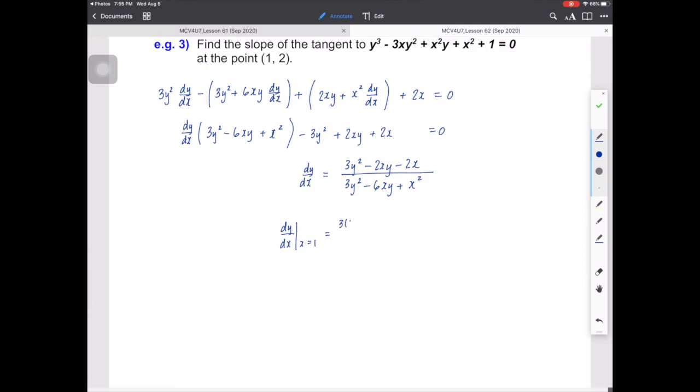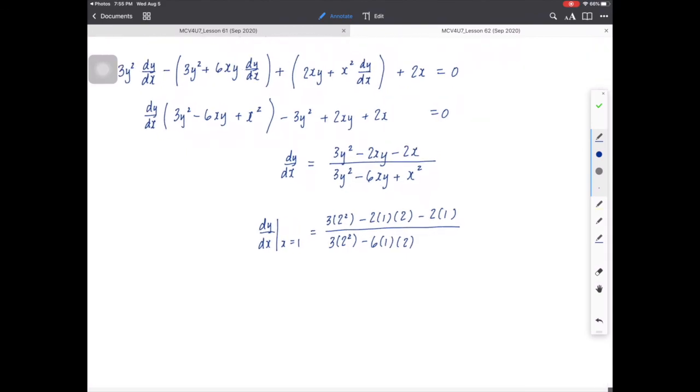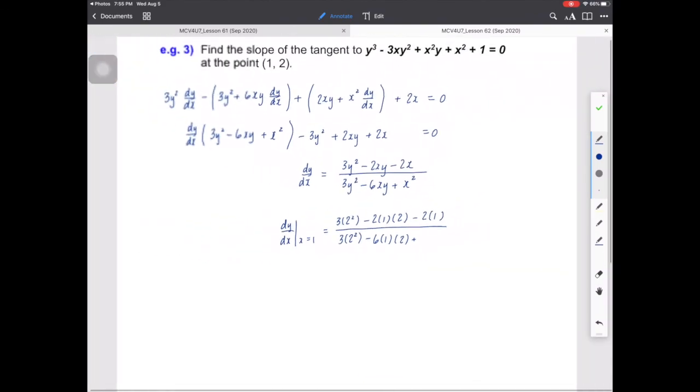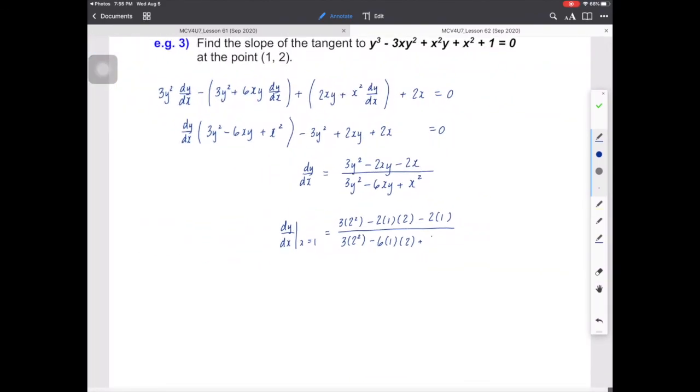So 3 times 2 squared minus 2 times 1 times 2 minus 2 times 1 over 3 times 2 squared minus 6 times 1 times 2 plus x is 1, right? 1 squared.